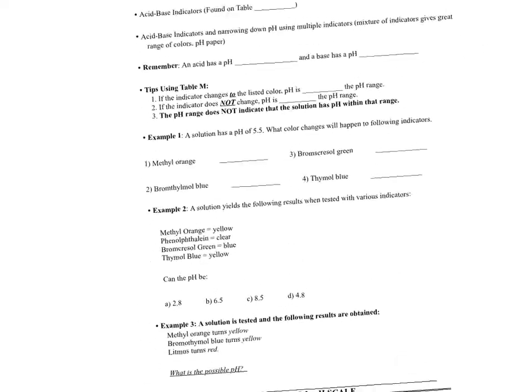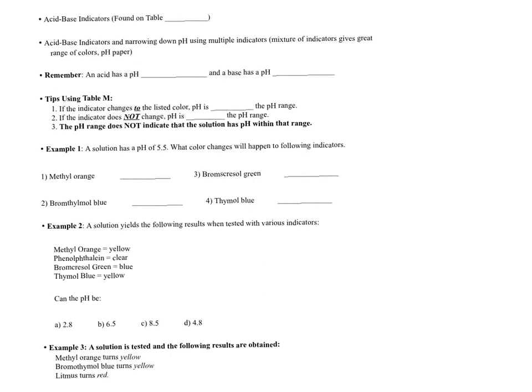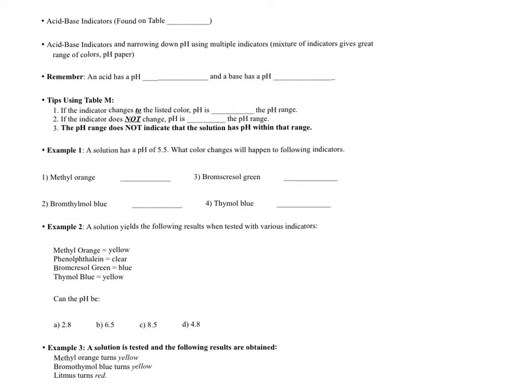Let me look at this. Now we're on. Alright, so now I'm on that next page. Acid-base indicators are definitely going to be found on your reference table. You're probably going to want to get that out. They are found on table M. And actually, I'm going to pull one up too. Let me just get the reference tables up. Hold on.